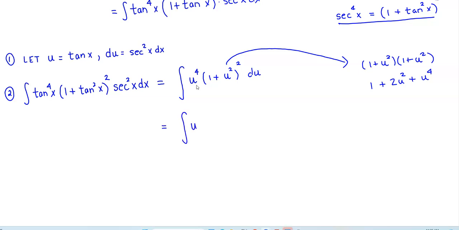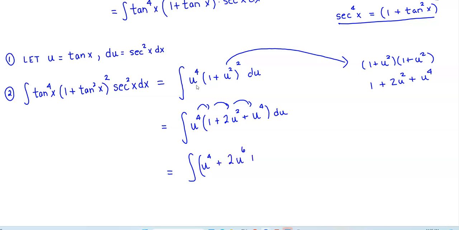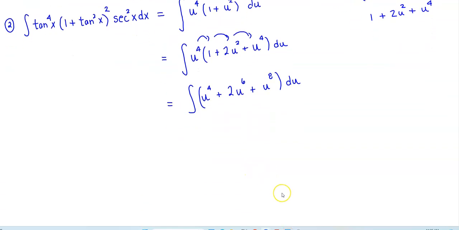So we have u to the 4th times 1 plus 2u squared plus u to the 4th du. And now let's go ahead and distribute the u to the 4th. So we have u to the 4th, make sure it's in parentheses, plus 2u to the 6th plus u to the 8th. And now we're going to take the antiderivative of each one.